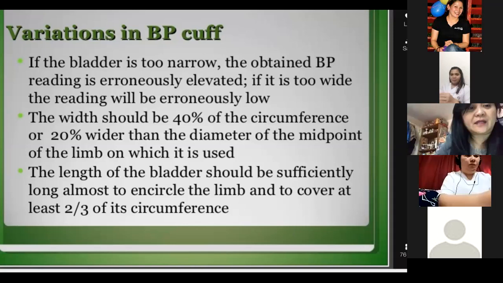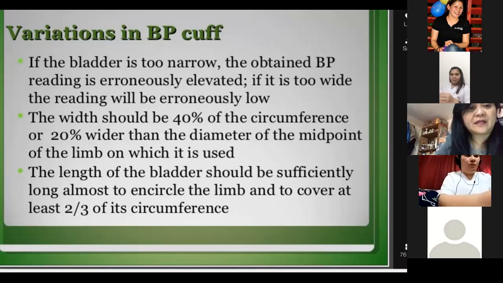So there will be no problem there. It is only in the hospital that we have different cuff sizes, because it depends on whether patients are thin or obese.